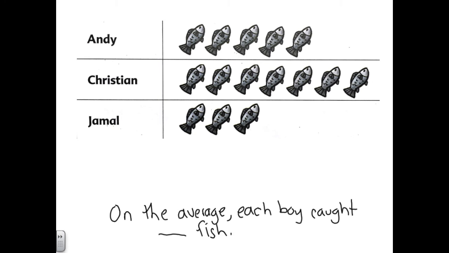I'm going to do this the same way that I did the previous 2 problems. I'm going to add up the number of fish that Andy, Christian, and Jamal caught. So my first step is going to be to add 5 plus 7 plus 3. Well, 7 plus 3 is 10, plus 5 is 15. Well, there's 3 boys, and I want to know on average how much did each boy catch.